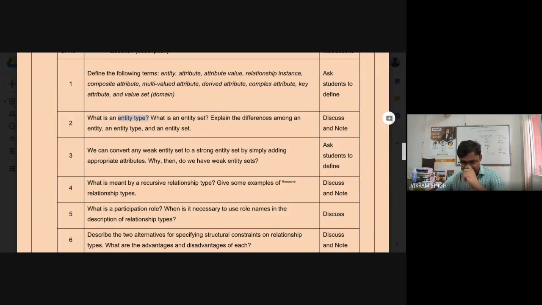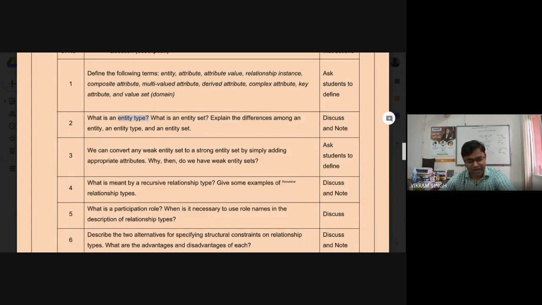Entity type means we have kept, because if you think of an employee as an entity in the real world, whenever we keep all those employees into one single relation table or one single entity, it is a set of entities, the same type of entities. So we refer to one entity as an entity, okay?